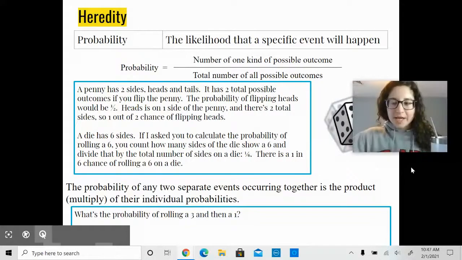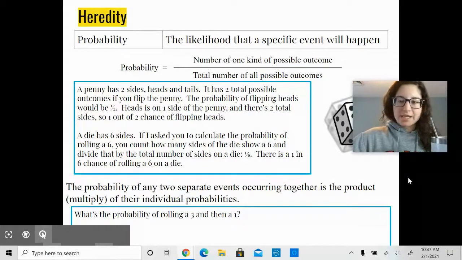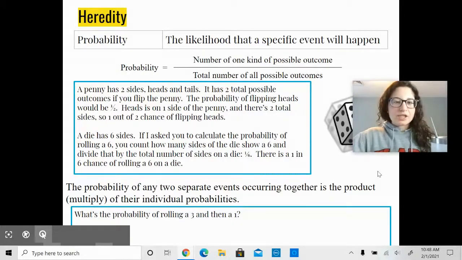So before we get into observing these different traits and characteristics and observing heredity, we need to talk about this idea of probability. So probability is just the likelihood that a specific event will happen. So we can talk about this in terms of who's going to win the Super Bowl.